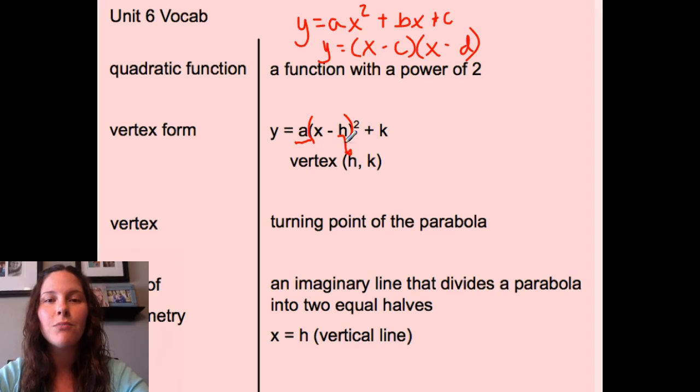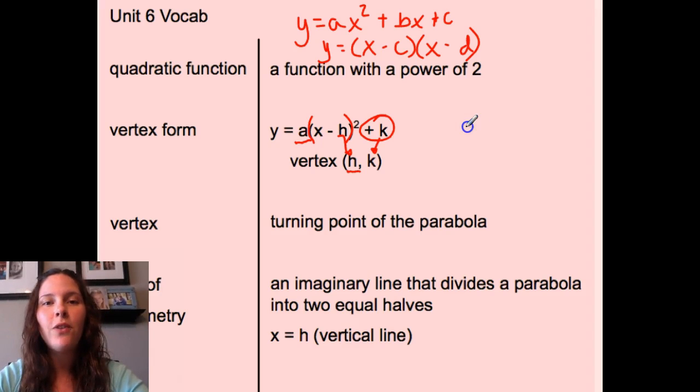It's in the asylum, so it doesn't act the way we think it should act. So inside the asylum, it looks like a negative h, but outside in the coordinate for the vertex, it's positive. And then we have our k value that's outside the asylum, and it looks positive, and when you put it in the coordinate with the vertex, it is positive.